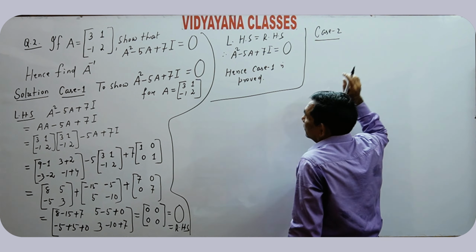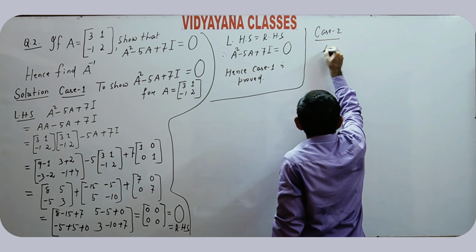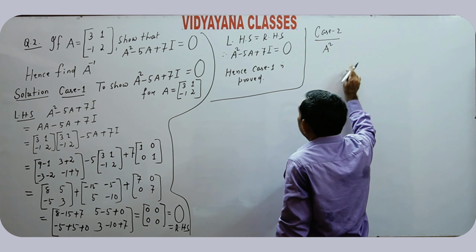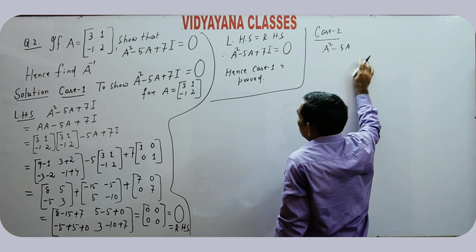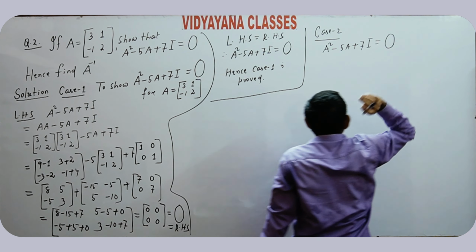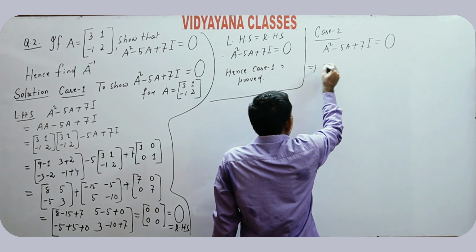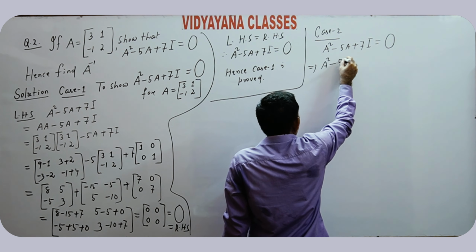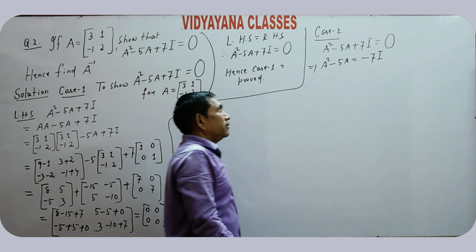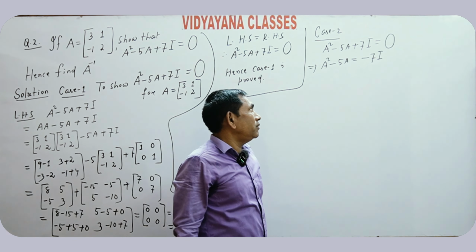To find A inverse using this equation, A square minus 5A plus 7I is equal to 0 matrix, which implies A square minus 5A is equal to minus 7I, adding minus 7I both sides.